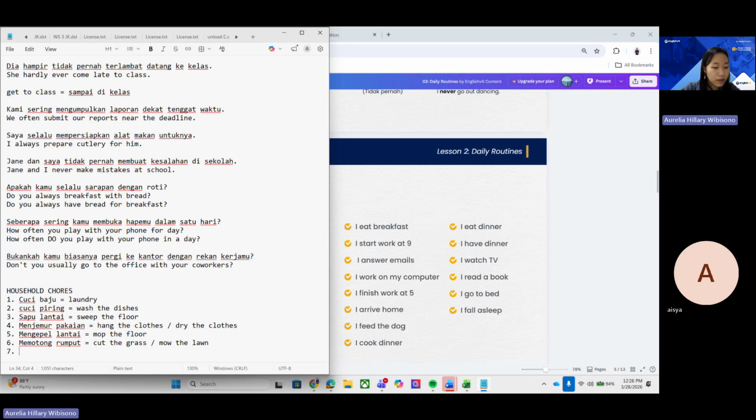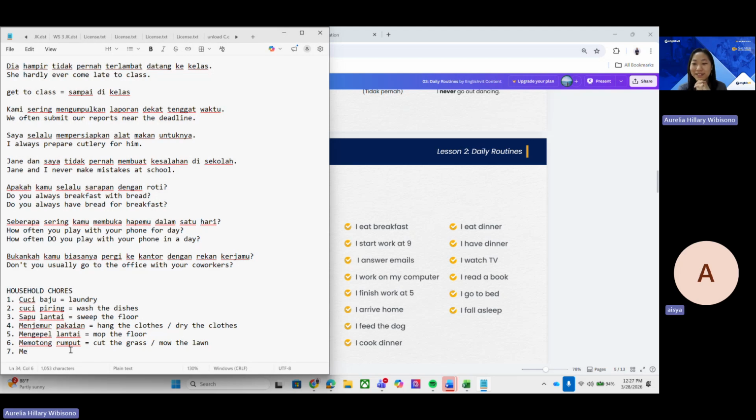Okay, and then the next one is, wait for a minute. I don't know the Indonesian word for that, but you use a feathery utensil to remove the dust. What do you call it? Itu kemoceng. What's the activity?